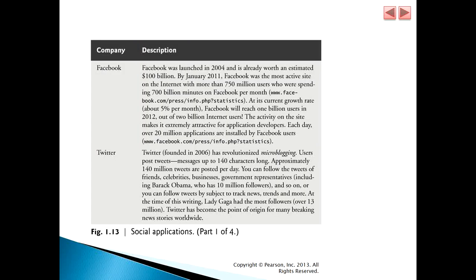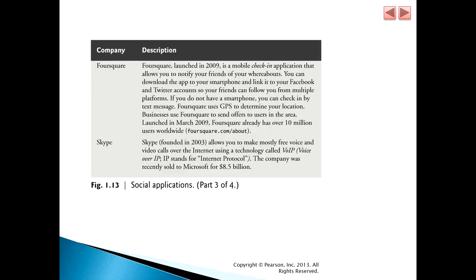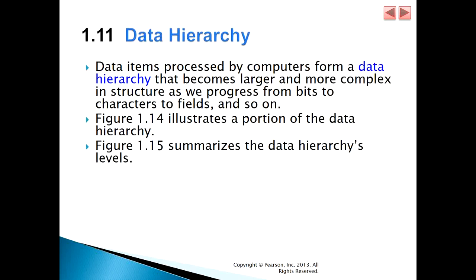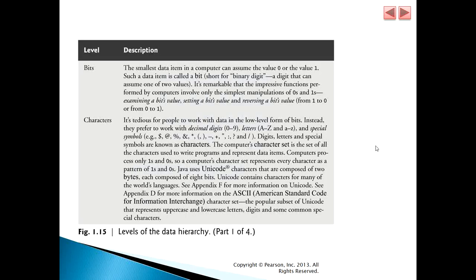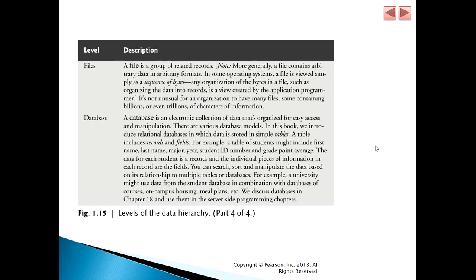All right. Facebook, Twitter, information on them. These are just details. I will stop here because this part is not going to be important. About the data hierarchy, you already know about it. Computers are composed of data and digits, bits and characters and fields and records and stuff like that.